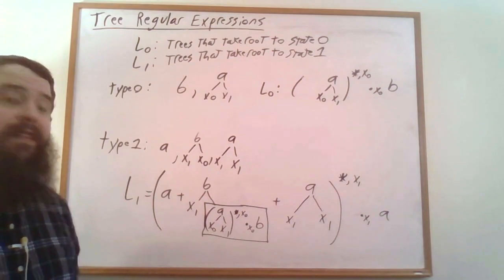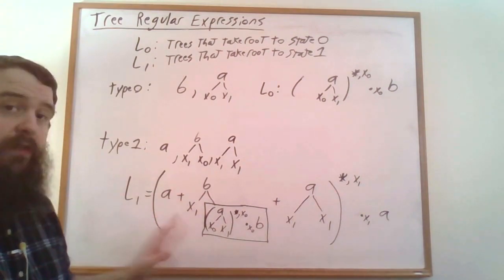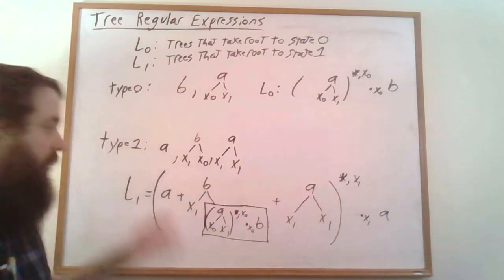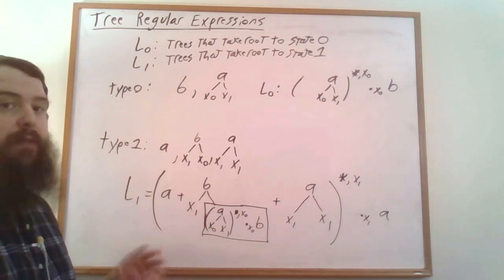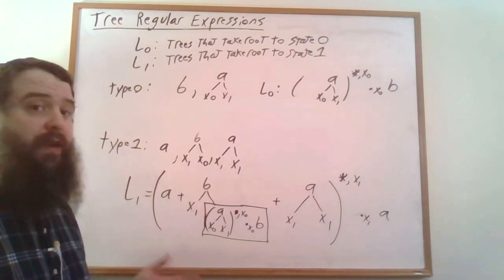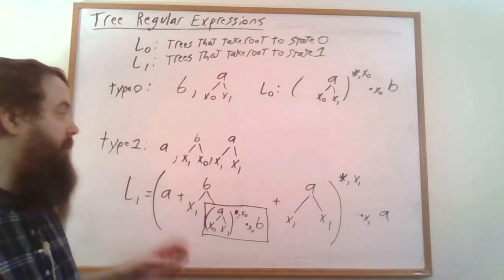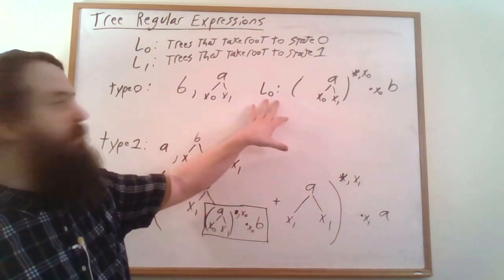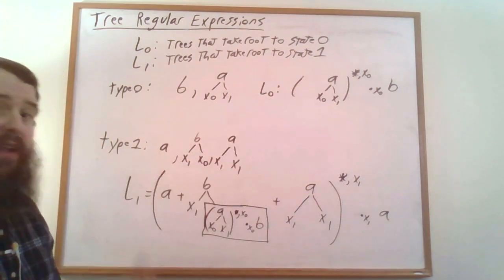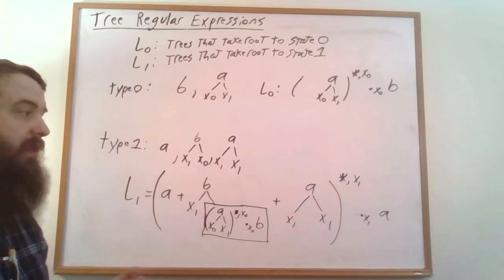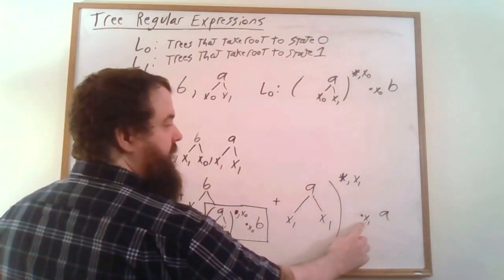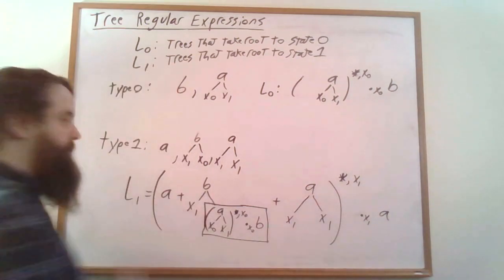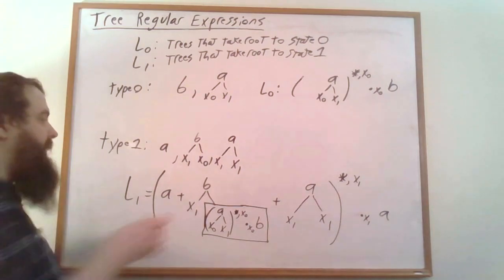We replace all instances of L1 with a new symbol, x1, and then we take the Kleene star over x1 to plug all of those together around the symbol x1. And it's this joining together that's going to combine our pieces that already got partially combined when we did our joining for L0. And then finally, to get rid of this dummy character on the leaves, we're going to take the concatenation product over the character x1 by the symbol a. And again, just to keep things simple, we can get rid of this a here.